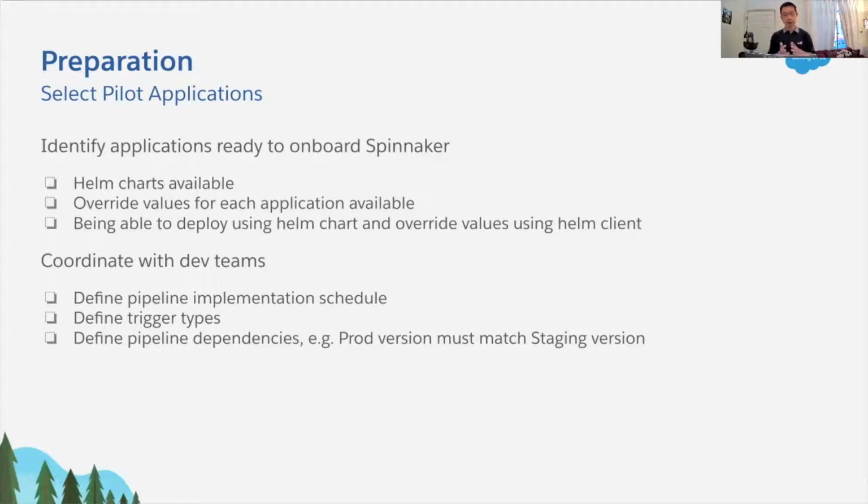Once those preconditions are met, we can coordinate with the dev teams for the pilot applications. We define the pipeline implementation schedule, trigger types, and pipeline dependencies. For example, the production deployment version must match what's being deployed in staging.